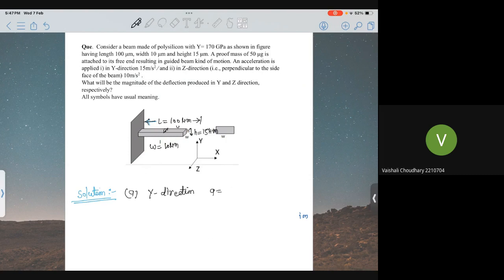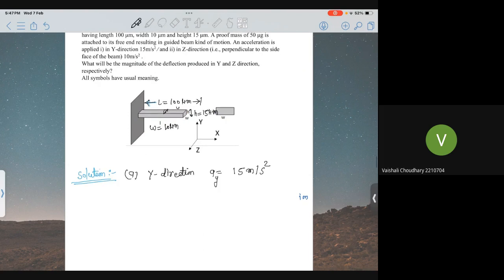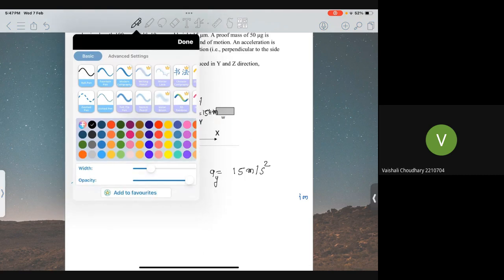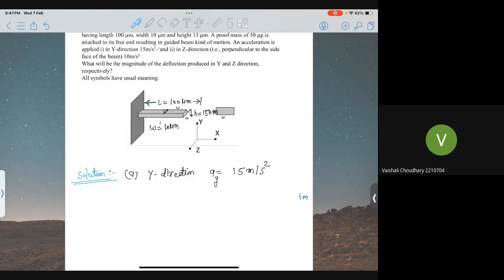We know the spring constant: if we apply a force in the y direction, meaning we are applying a force in this direction, this is parallel to the height.